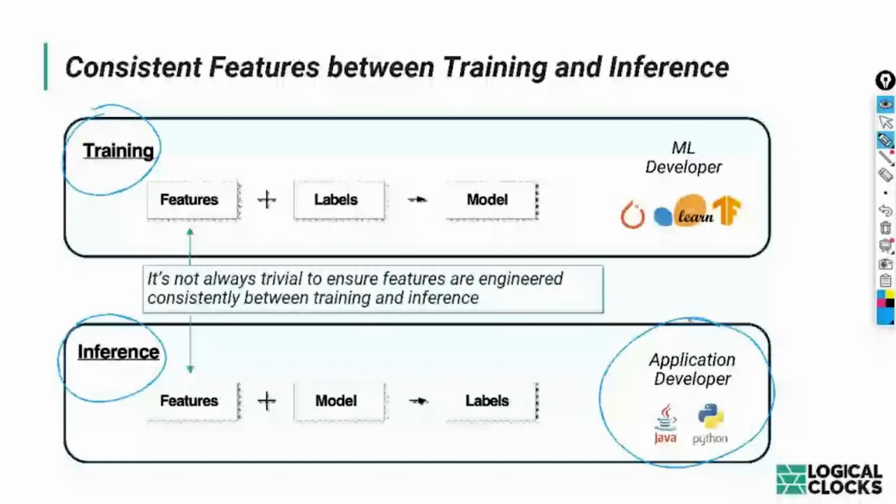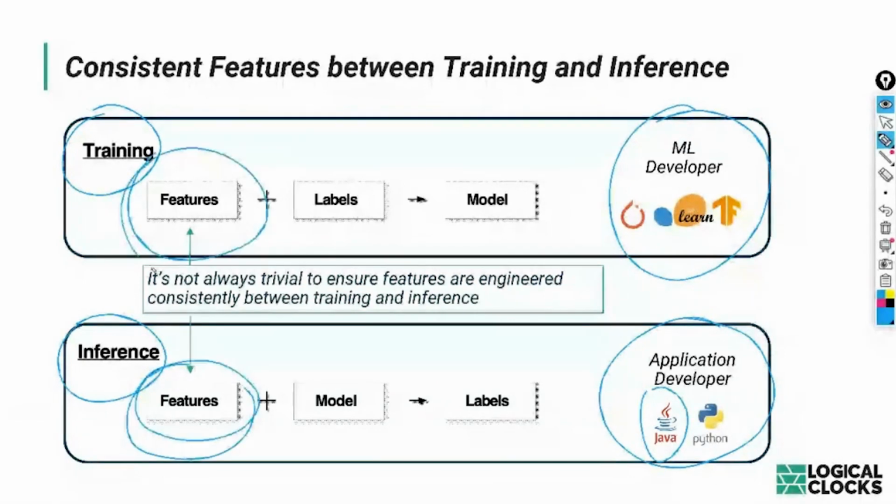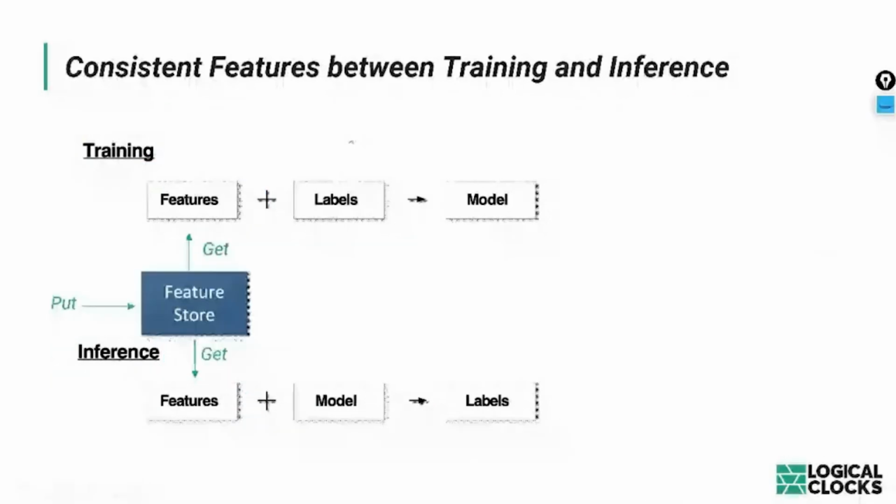Maybe it's written in Java or Python, but the training is typically done in Python using frameworks like scikit-learn, TensorFlow, and PyTorch. And what you want to make sure is that the features, these things that are being inputted into your models, are consistent, that you don't implement the feature once in your online application and another time in your training application. The two can diverge. You'd like to just implement them once. So that's basically what the feature store will help us do.